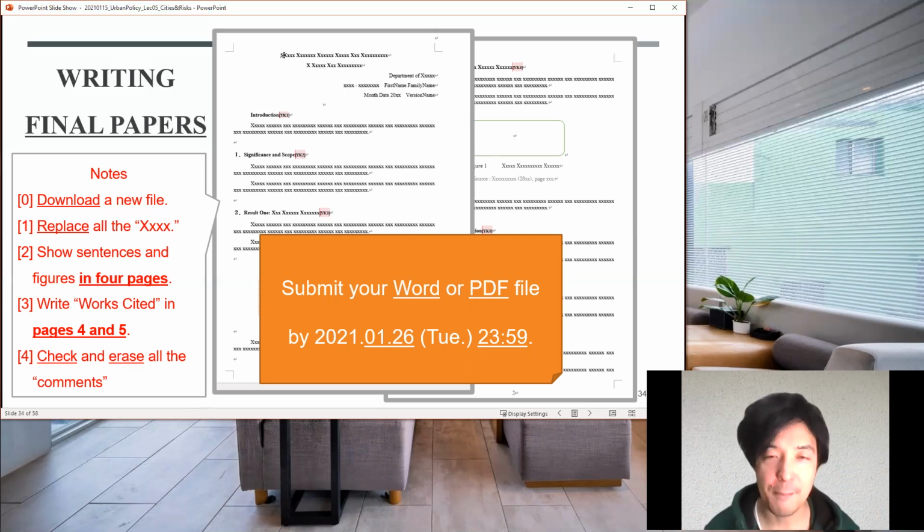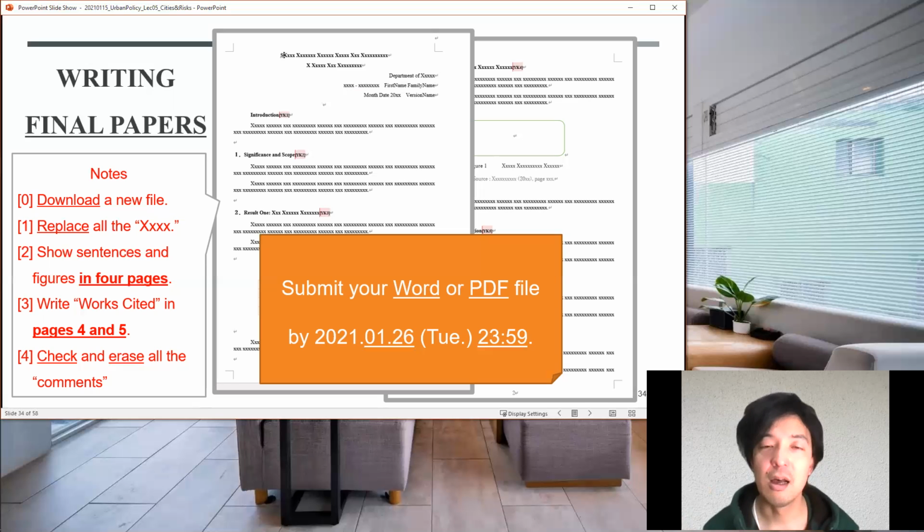These final papers will be given 40 points at most. So if you fail to submit this final paper, it means you will lose your credit.